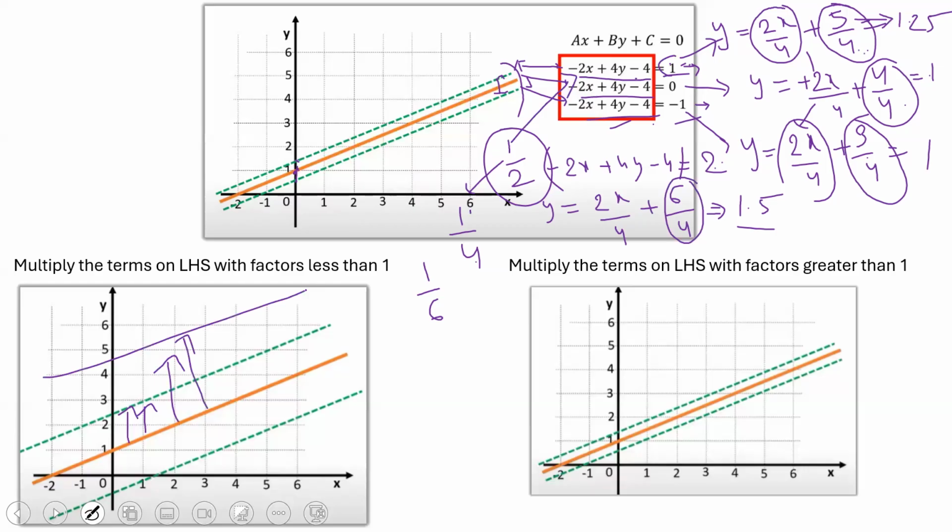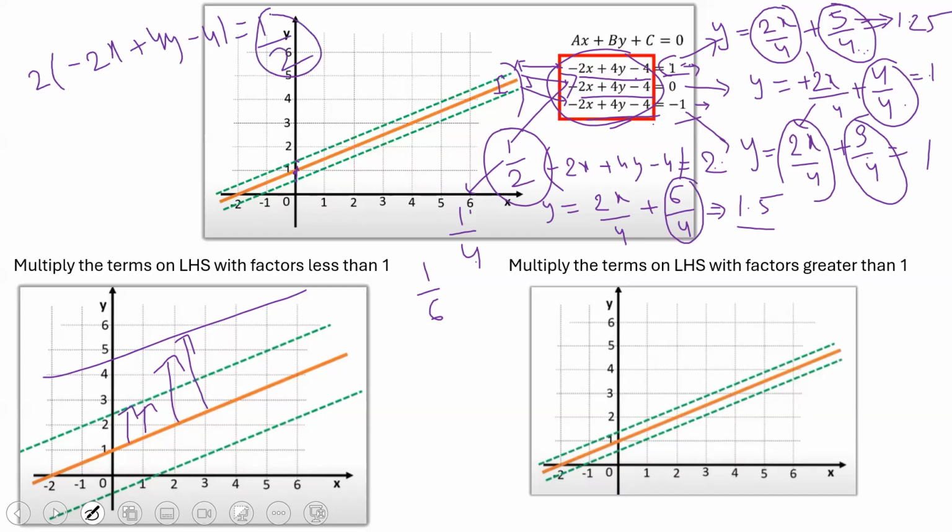Okay. Now if you multiply these equations with a value greater than 1, initially we multiplied with 1 by 2. Now if I multiply this with 2, what happens? 2 minus 2x plus 4y minus 4 is equal to 1. So the intercept will keep on decreasing.